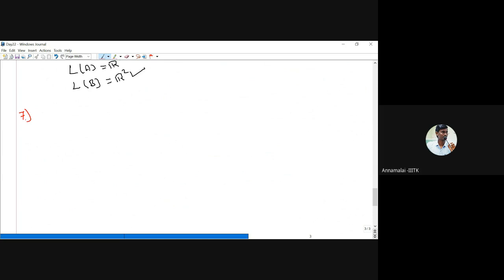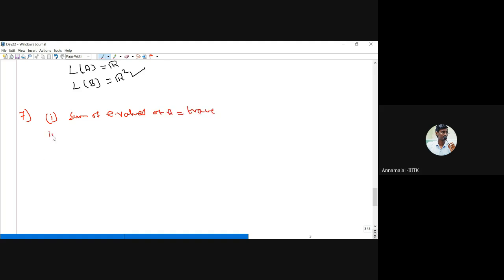So the 7th question says, study the following statements about the square matrix. Which of the following is true? First statement, the sum of the eigenvalues of the matrix A is equal to the trace.